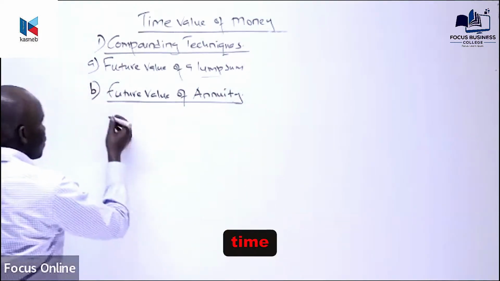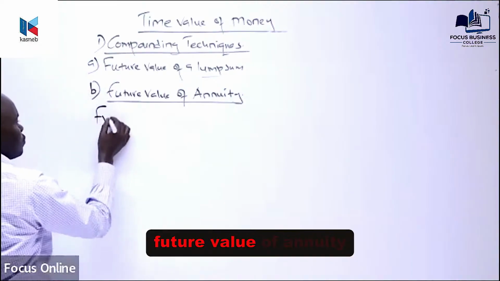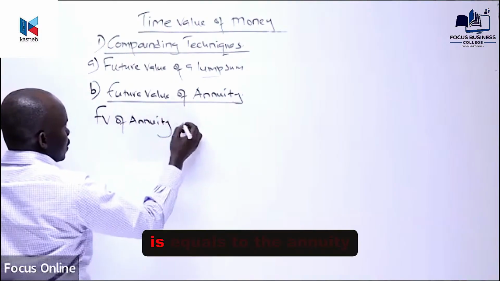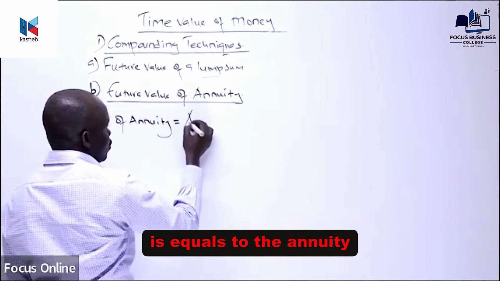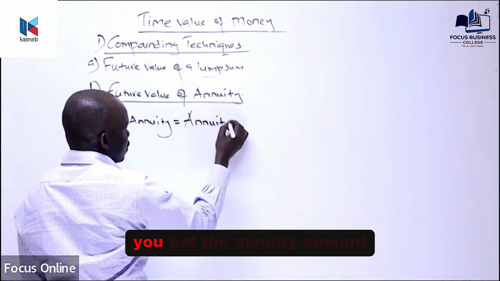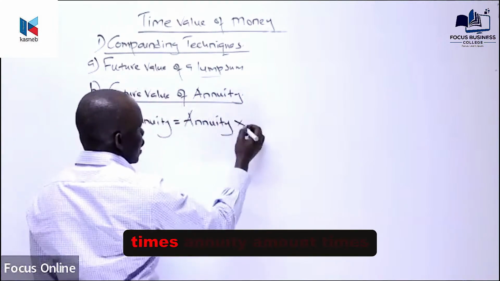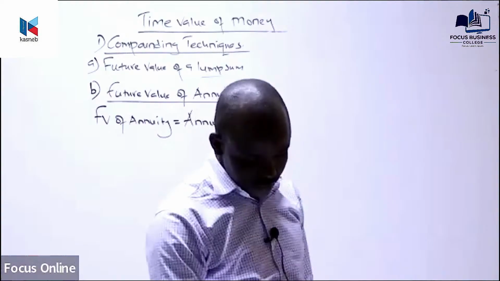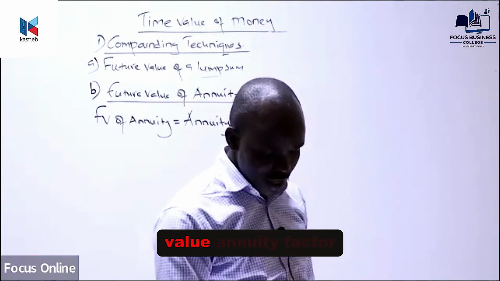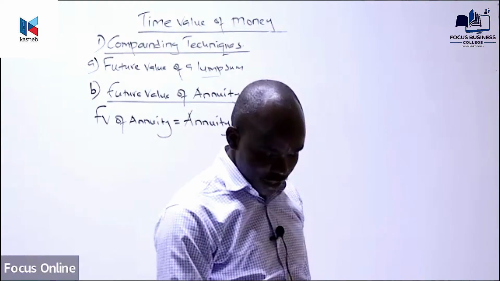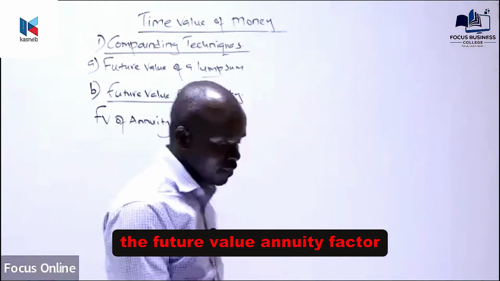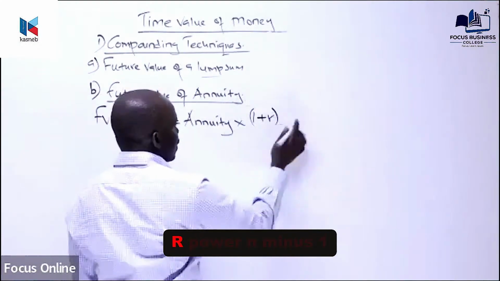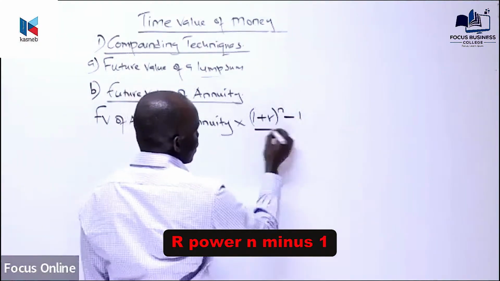Without wasting a lot of time, future value of annuity is equal to the annuity amount times the future value annuity factor. The future value annuity factor, you say 1 plus r power n minus 1 over r.